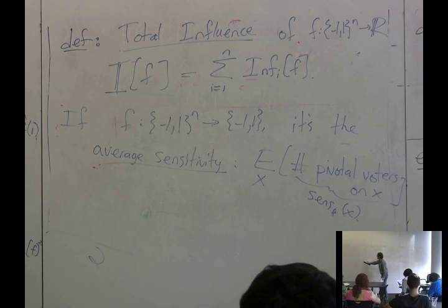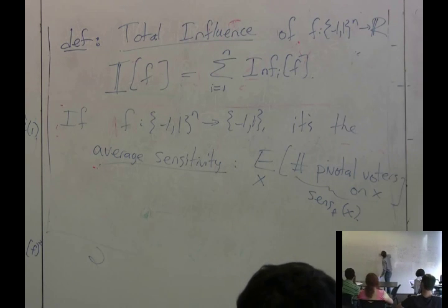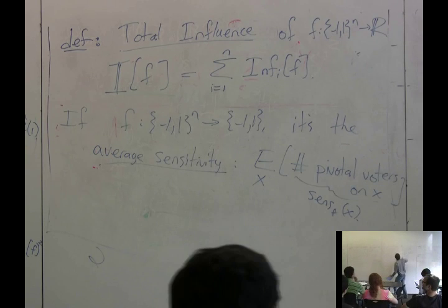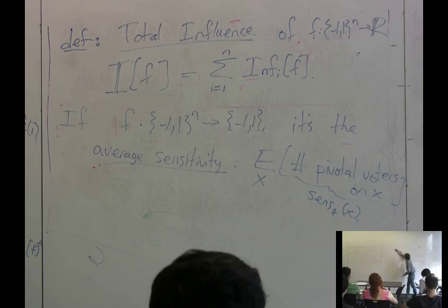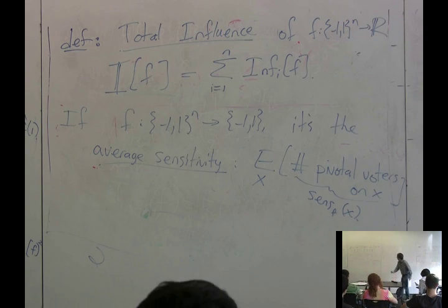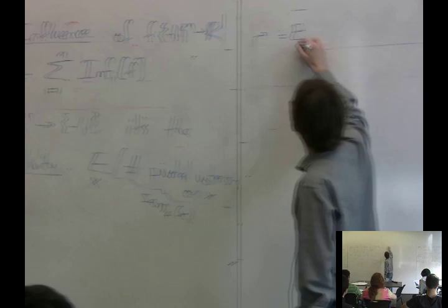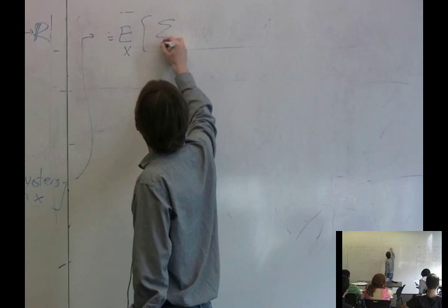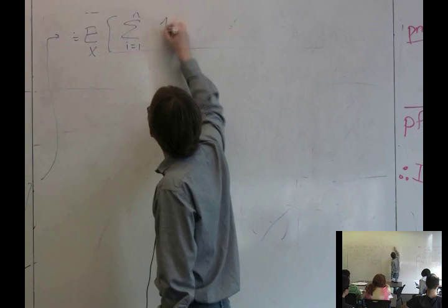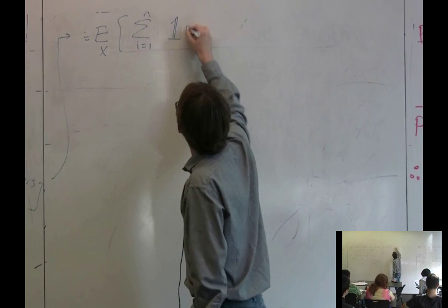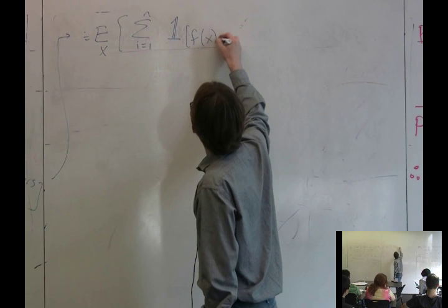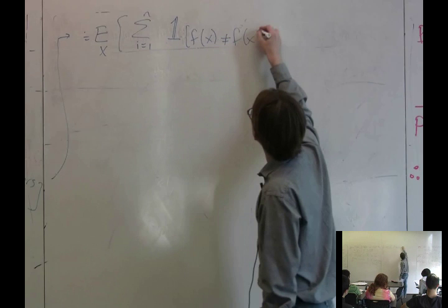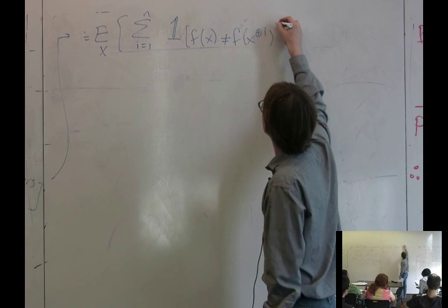And why is this the same as this? It's because of linearity of expectation. So this is equal to the expectation over x, the sum, i goes from 1 to n, of the indicator, let's say that f of x differs from f of x with the ith coordinate flipped.